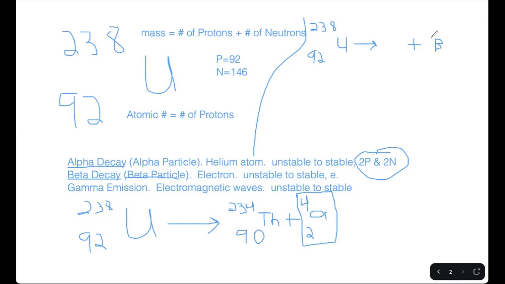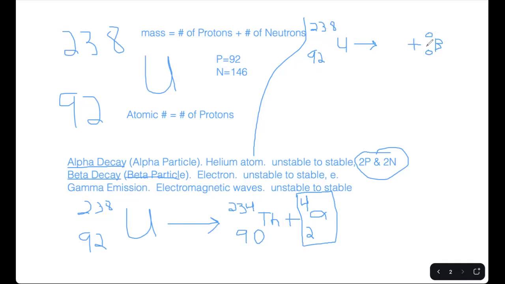The beta particle, if you guys remember, technically has no mass, right? It doesn't have a mass. And it is not made up of a proton, right? So there's no protons that exist with it, 0. And it does not have mass either, but it's going to have a big effect on these two.